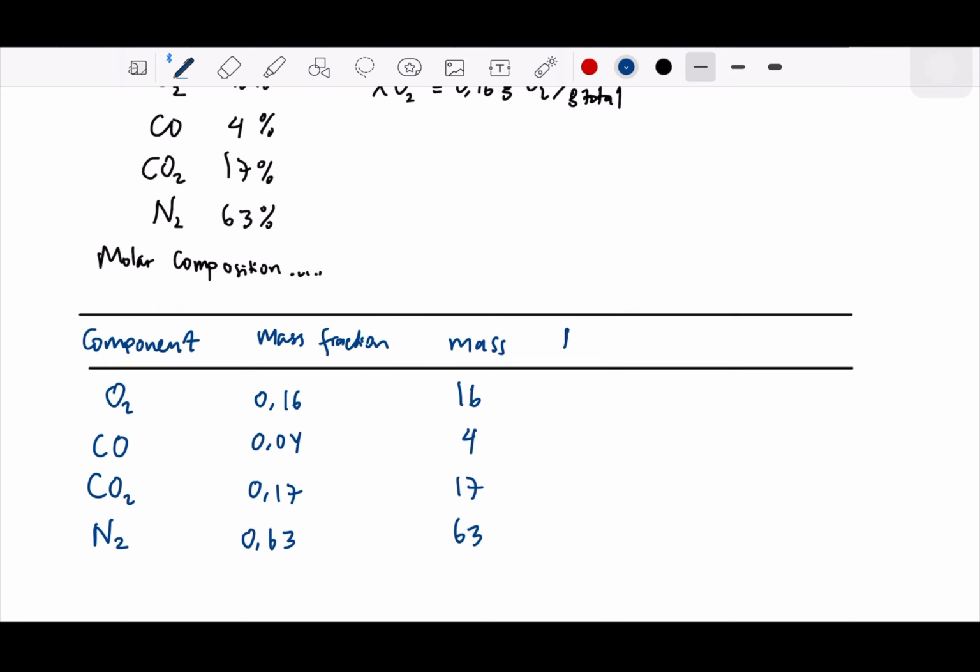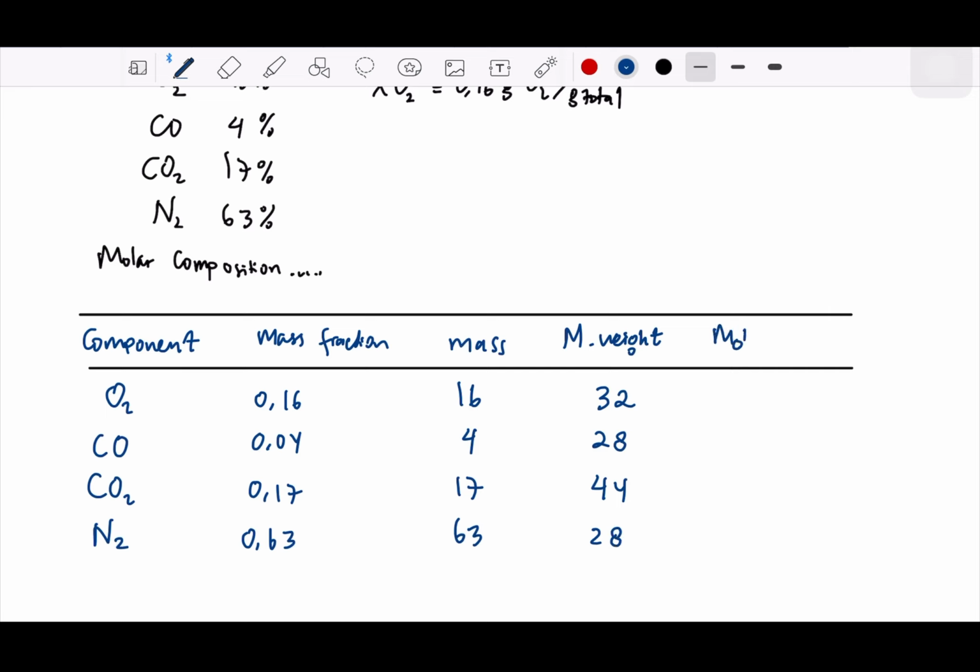And the molecular weight, let me just write molecular weight like that. This is 32, 28, 44, 28.